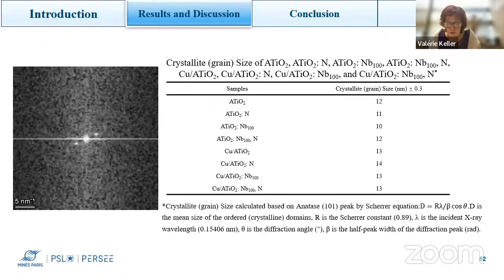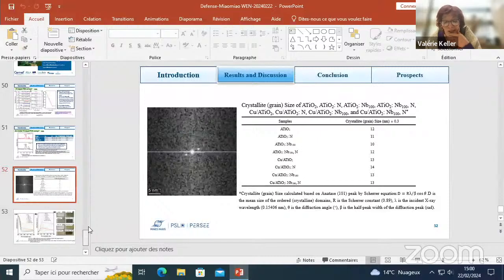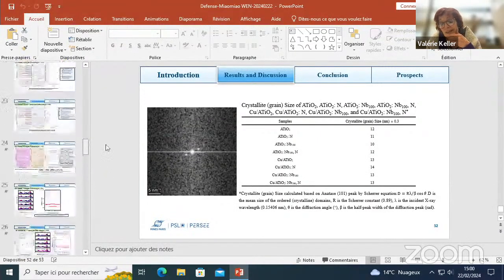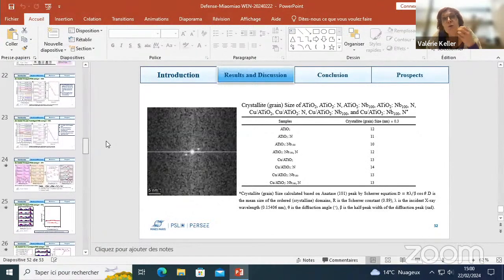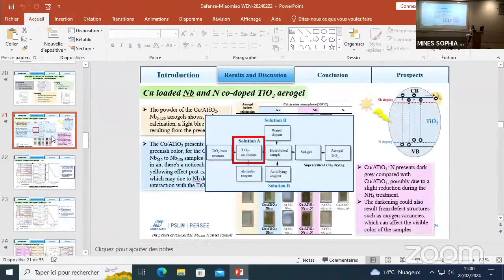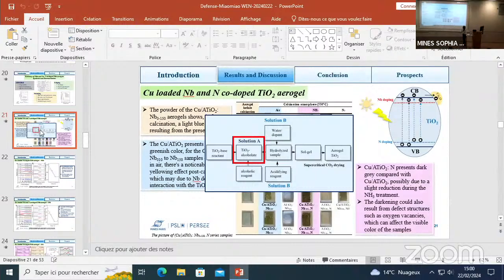Let's move to the copper deposition. Yes. I was perhaps a little bit lost because initially, what did you expect actually? To deposit metal copper or copper oxide species? So for copper, the one I showed in the slides, I used the in situ method.